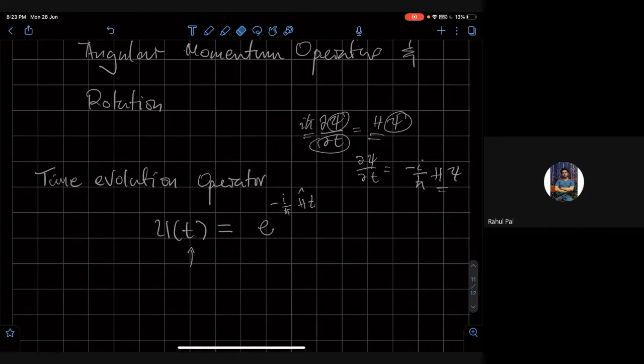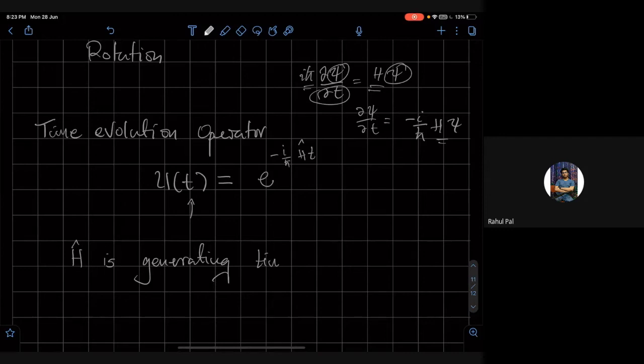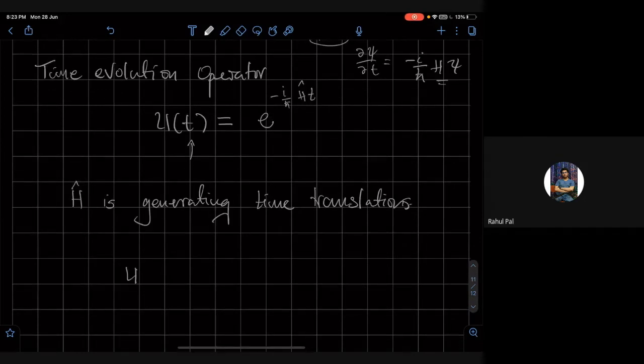Now, in group theory language, the Hamiltonian is generating time translations. If I apply U of t on some state at time 0, I get the state at time t.